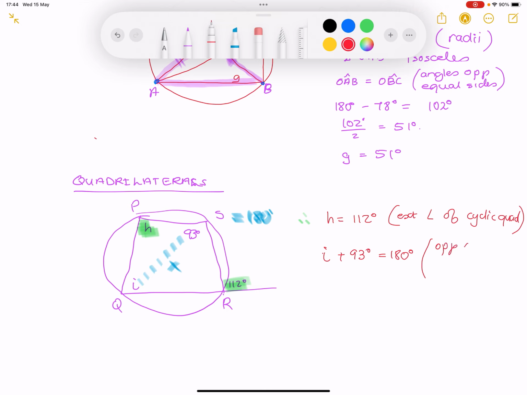Opposite angles of a cyclic quad is supplementary. You agree with me? Yes, ma'am. So if that's 93, then it will be 107.